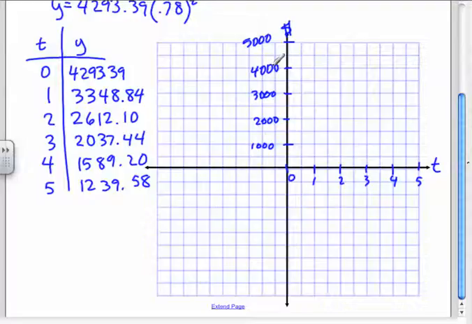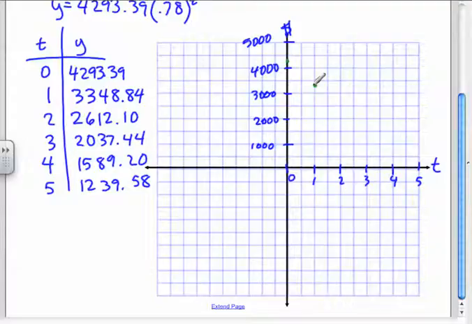Okay? So 0 was $4,293. That's about right here. Okay? After 1 year, it was $3,300. So that's about right here, 3,348. After 2 years, it was 2,612.